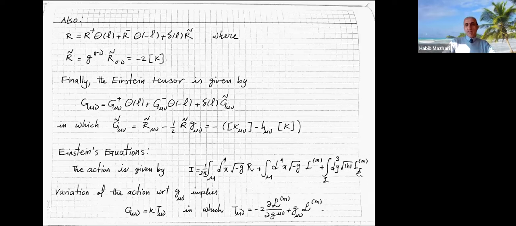This time I consider also matter on the surface between M plus and M minus. In this way, the variation gives us the Einstein equation. G_μν we already found. T_μν is given here, but we have two kinds of matter, one inside the bulk and one on the surface.